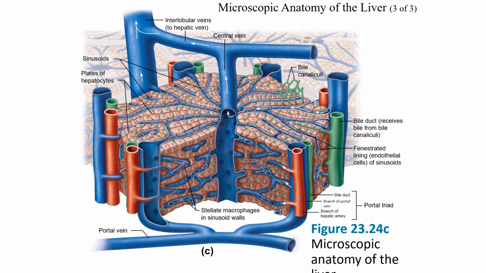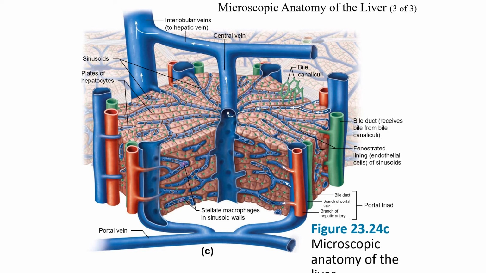So remember that the bile duct receives bile from the liver. Okay, we have fenestrated capillaries. Remember? Sinusoids, fenestrated capillaries. Go back to the cardiovascular chapter and review capillaries.